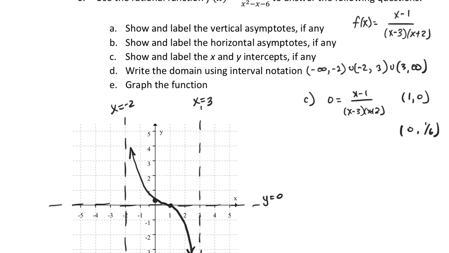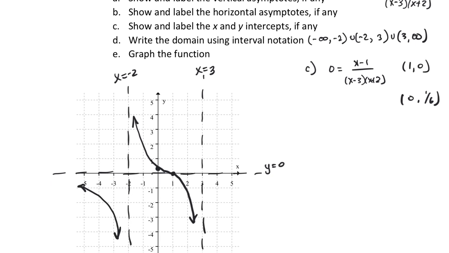If the factor that produced this vertical asymptote has odd multiplicity, so x plus 2 is to the first power, that's odd multiplicity, then it means the end points are going in opposite directions. So if this is going up, this side's going down. Because of that, we can conclude that piece of the graph looks like that.